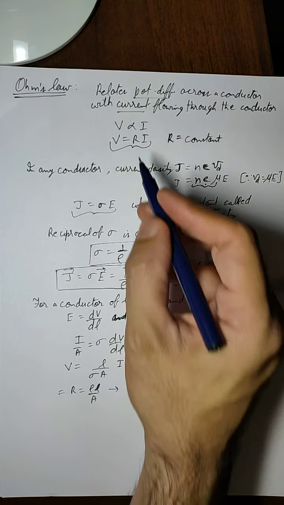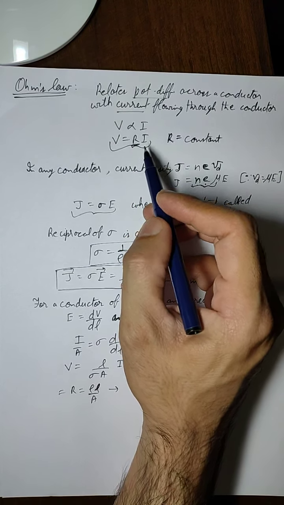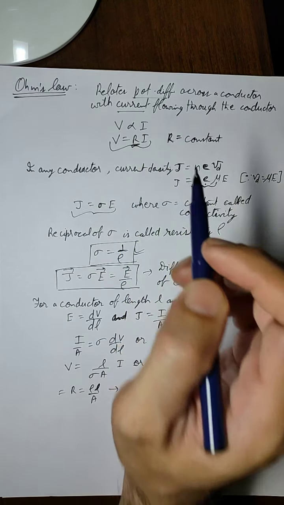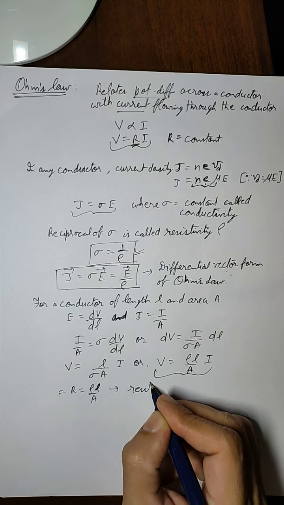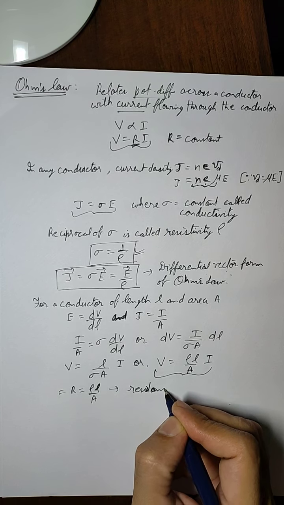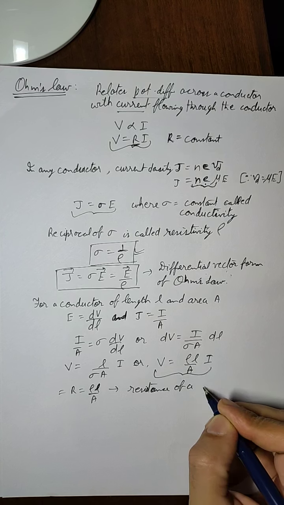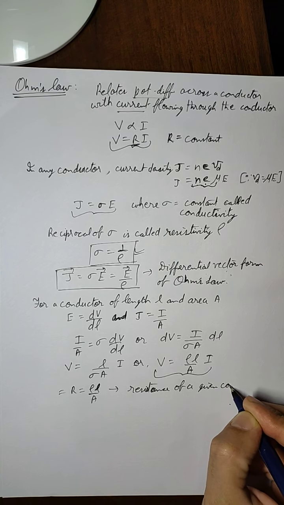So this is how we arrive at this proportionality constant. Now instead of calling it a proportionality constant, we can call it the resistance of a given conductor.